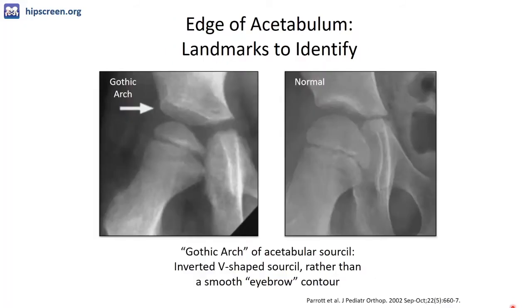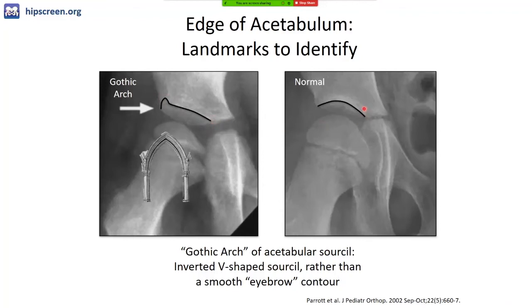Now, in some cases, this can have a Gothic arch appearance as seen on the left. That means that the acetabular sourcil goes up and then comes down. That looks a lot like a Gothic arch of a church, and so it's given this name Gothic arch.